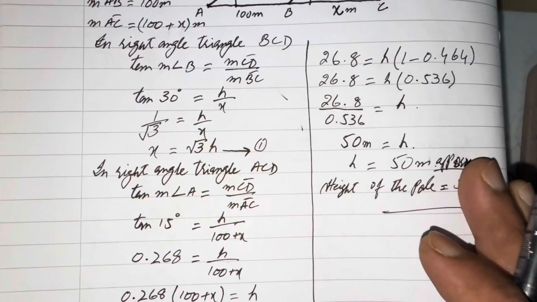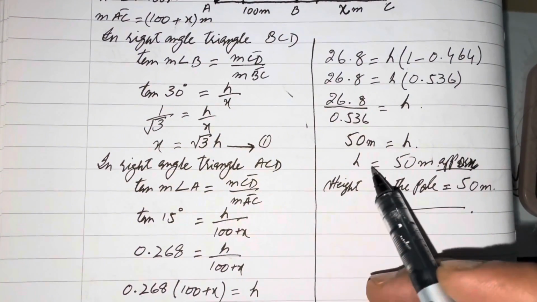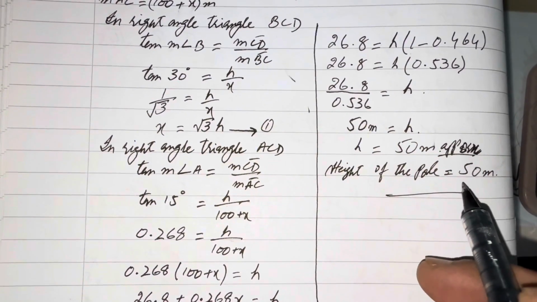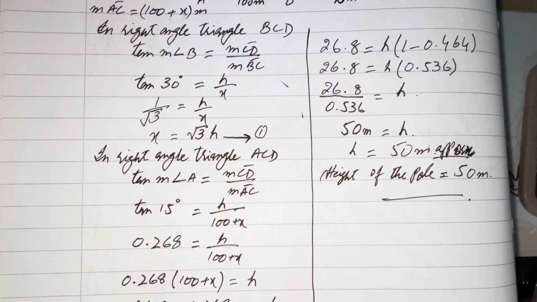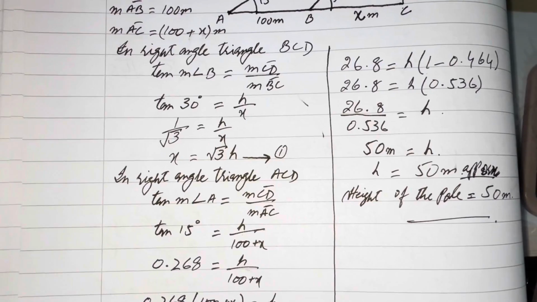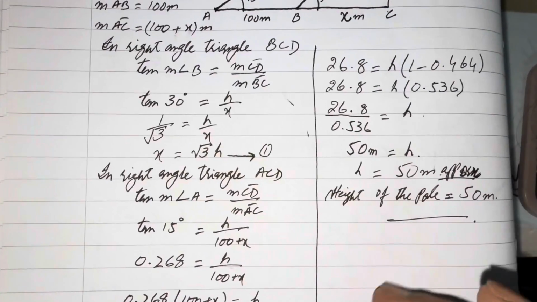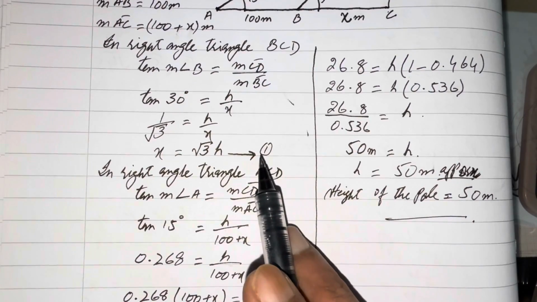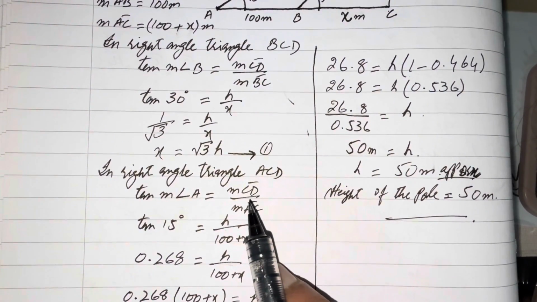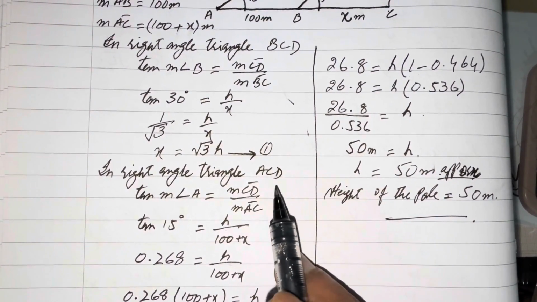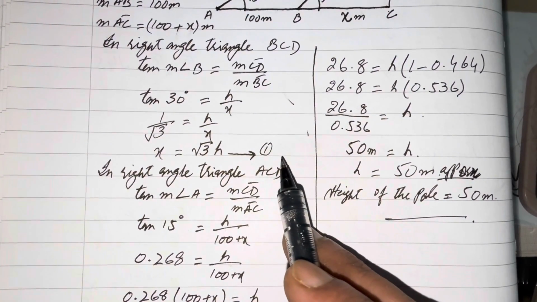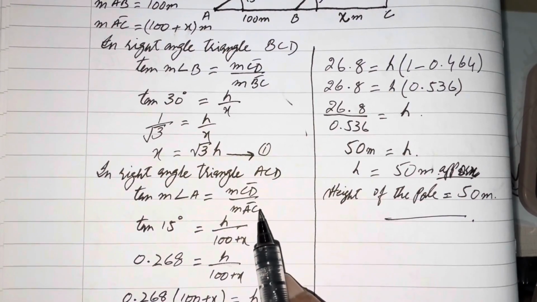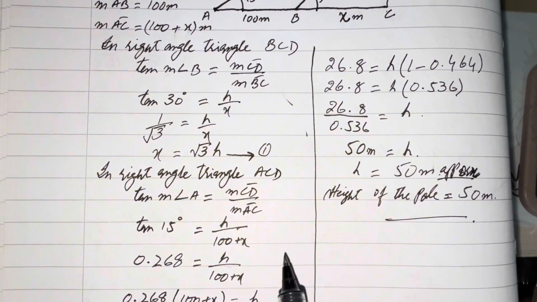After doing the steps, we found the height of the pole, which equals 50 meters. Hopefully you will understand it when you find this kind of question. That's the easiest way, and I have tried my best to give you complete information and explanation about this question.